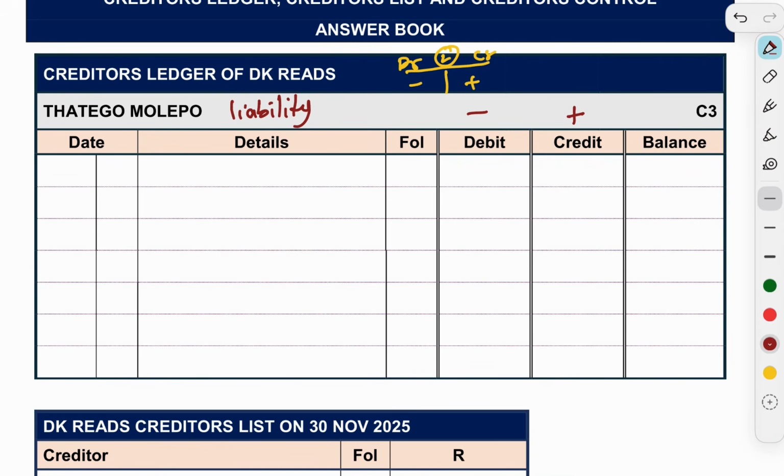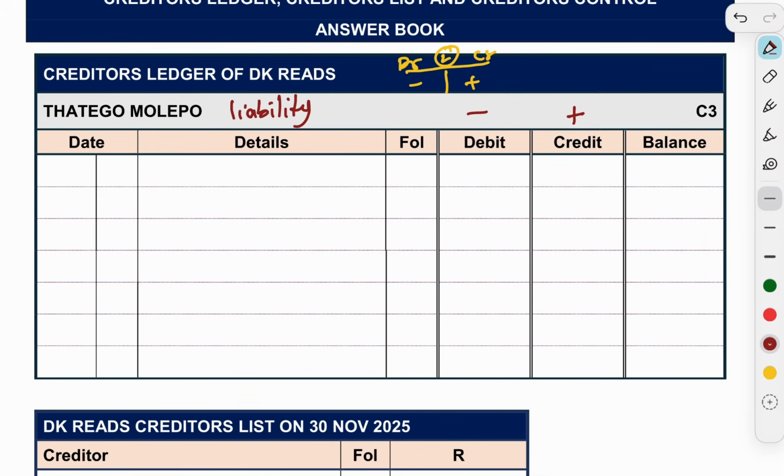Okay, and the last column, you're showing the balance for each, and after completing a transaction with the creditor, show the balance, the adjusted balance, all the time after each and every transaction. Okay, but we need information only relating to creditor Thategô Molepo. We don't need information from any other creditor.